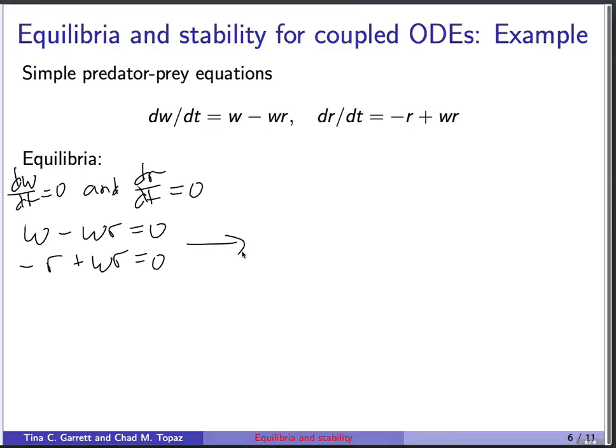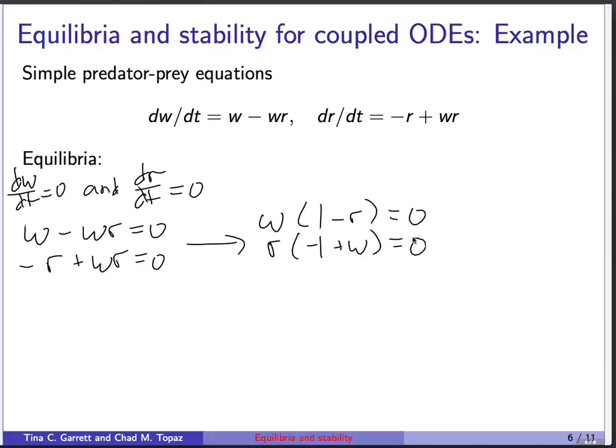And I think it's helpful to factor here. W times (1 minus R) equals 0 on top, and on the bottom, R times (negative 1 plus W) equals 0. So now we can try to solve things. For the first equation, if this is going to equal 0, there's two choices. It's either W equals 0 or R equals 1. Then we can try to plug those choices into the bottom equation. So if W equals 0, this thing in parentheses is not 0, it's negative 1.